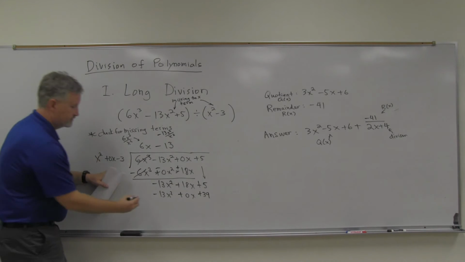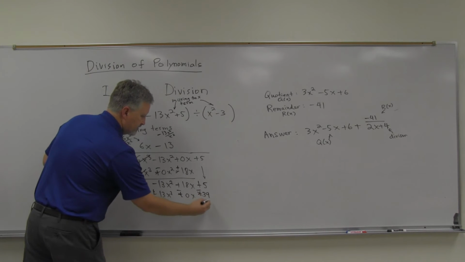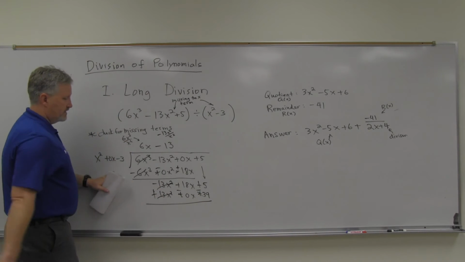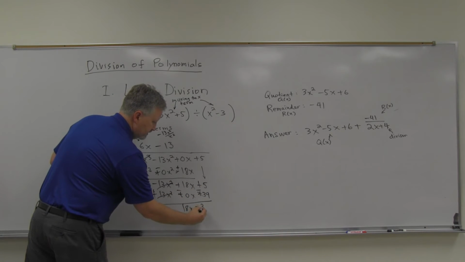But we are subtracting, so change these signs. That'll become a plus, that'll become a minus, that'll become a minus. Those are opposites, so they drop out. That's 18x, and that's minus 34.